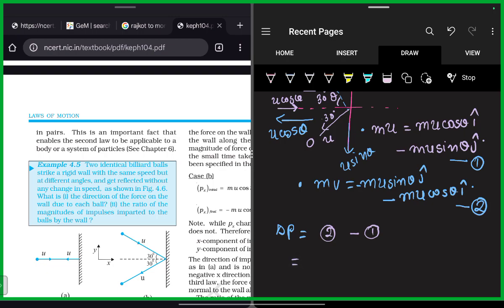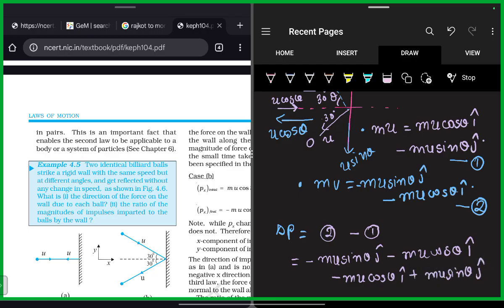So that will be how much? Minus mu sin theta j cap minus mu cos theta i cap minus mu cos theta i cap plus mu sin theta j cap. So these sin theta terms are getting cancelled out.